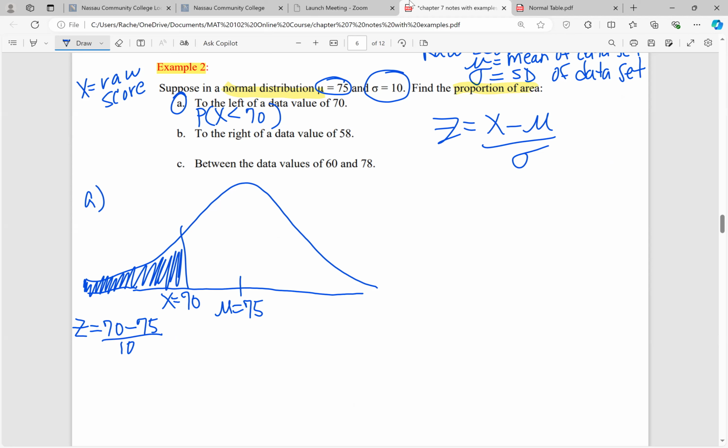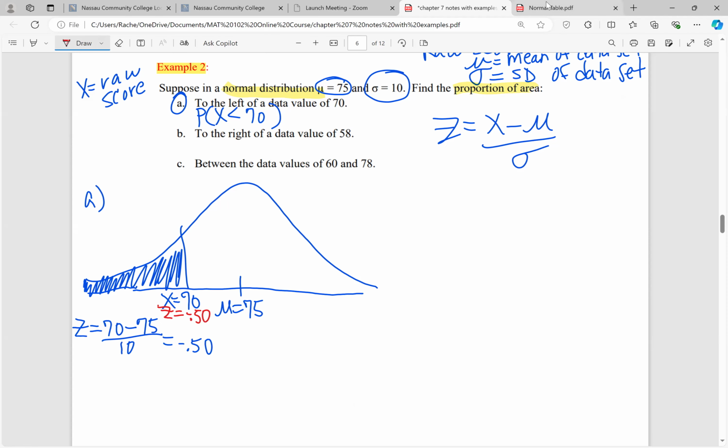If you do 70 minus 75 and divide by 10, we get negative 0.5. So this raw score of 70 corresponds to a z-score of negative 0.5.